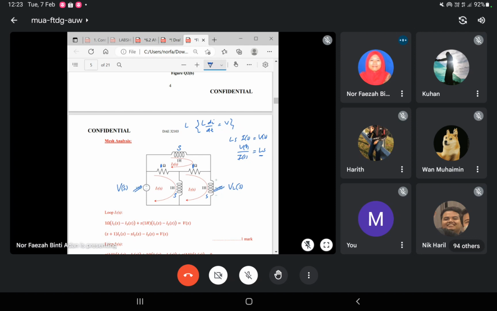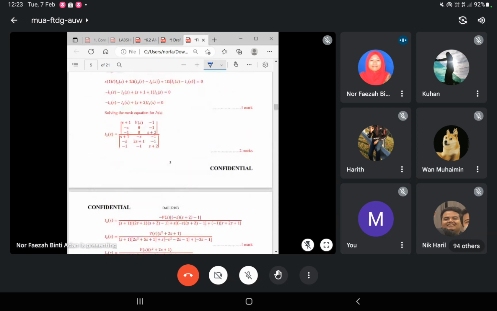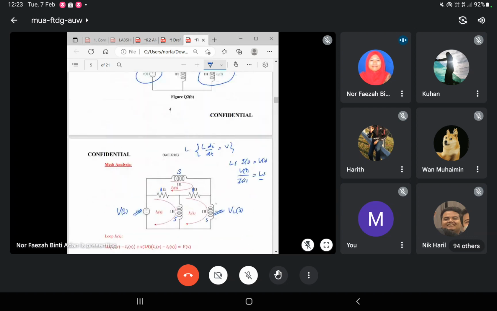Okay. Kalau ada capacitor in your circuit, ni tak ada kat sini tapi saya tunjuk. We know that the relationship of voltage and current for capacitor adalah C dV over dt sama dengan I. So you akan dapat CS Vs equals to Is. So kita susunkan dia, Vs over Is dapat 1 over CS.